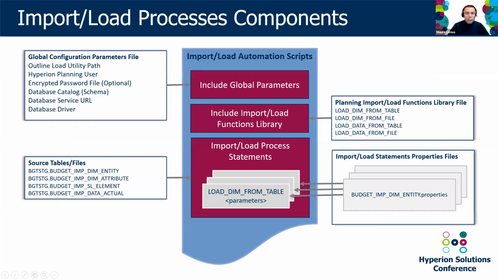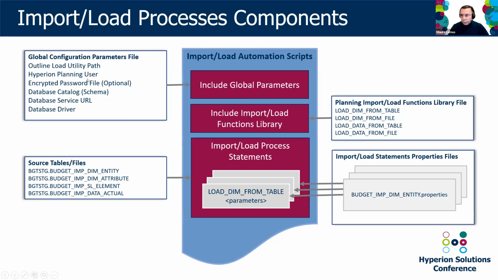applications. All right, what we are proposing here is to have a process that will include three main sections. The first section in your process will include parameters that are common for your entire process or your entire set of processes in your system. Something like, for example, the path to the outline load utility, it never changes, at least with one particular deployment.